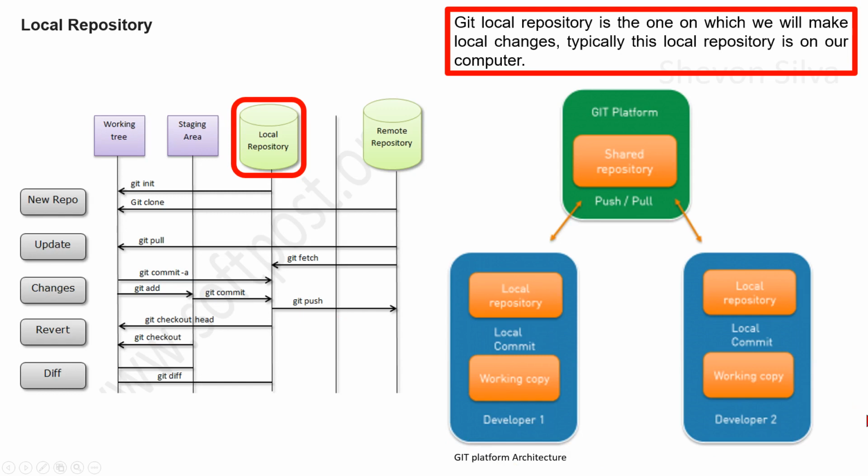Git is a distributed version control system. It means developers can share code from their workstation to others without the need of any centralized repository.